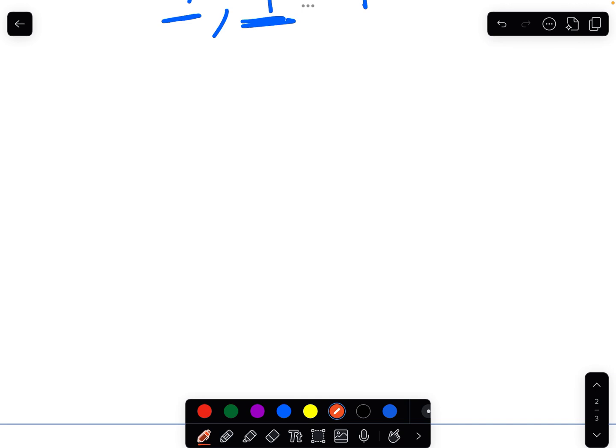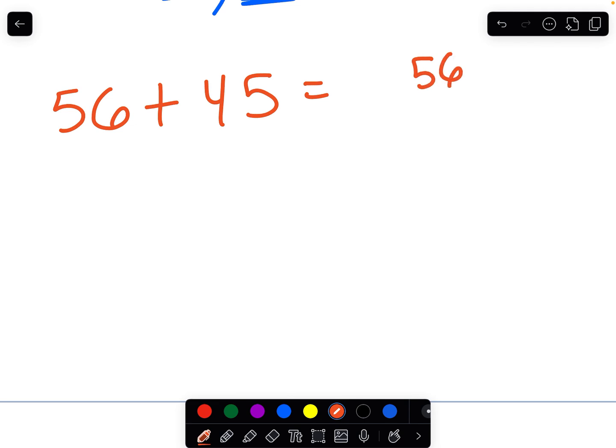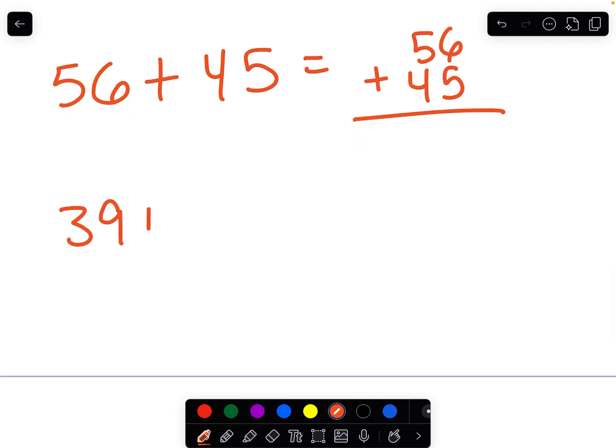Real quick, as a little practice at home, how would you write 56 plus 45 from horizontal to column addition? It would look like this. How would you do 39 plus 48? Think about it for a minute. Maybe try writing it out.